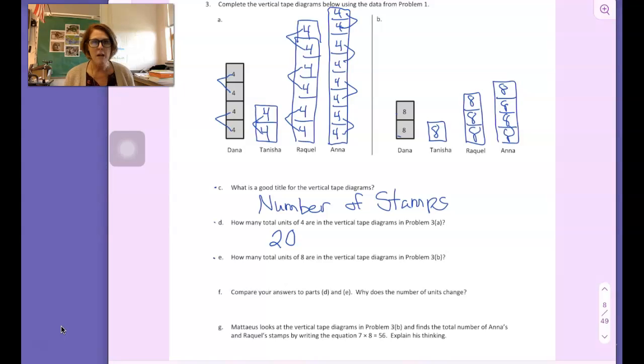Letter E says, how many total units of 8 are there in the vertical tape diagrams in problem B? So now you're counting all of the units of 8 in our vertical tape diagrams in letter B. Go ahead and count those. And you should have gotten 10.